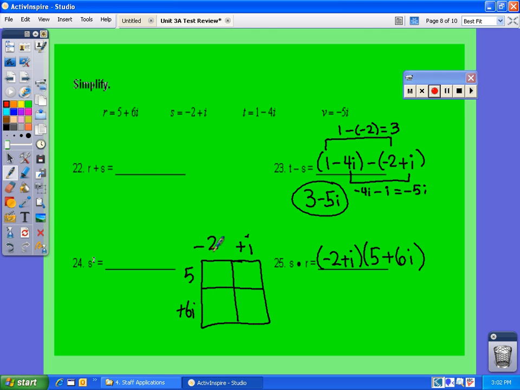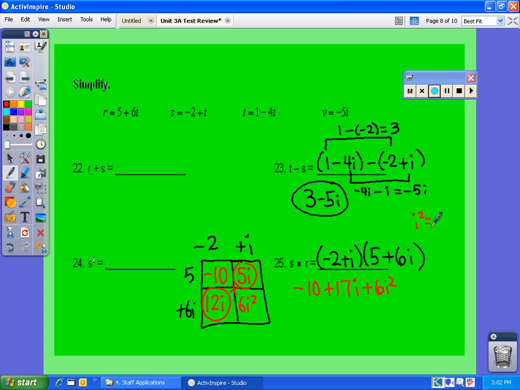Negative 2 times 5 is negative 10. 5 times i is 5i. Negative 2 times 6 is 12i. And 6i times i is 6i squared. Put these two together and you get 17i. So after you FOIL, it's 10 plus 17i plus 6i squared.